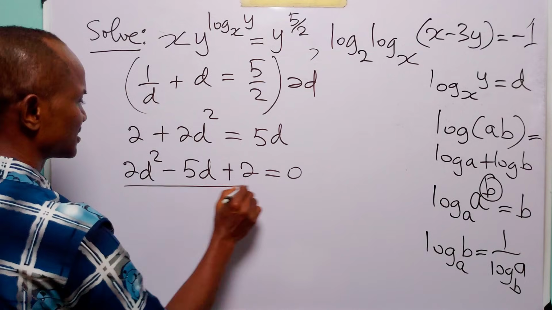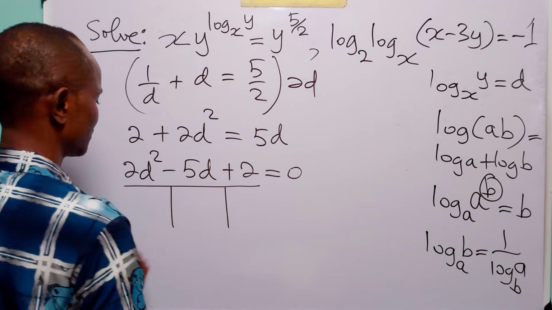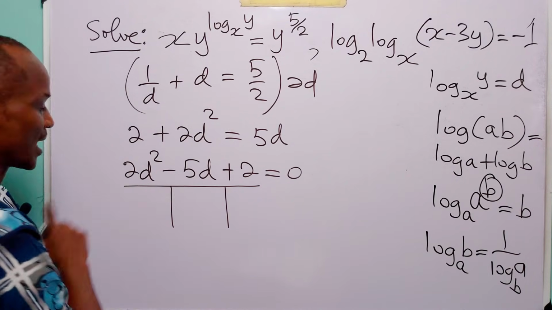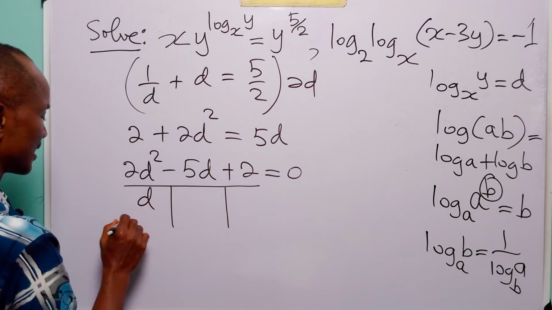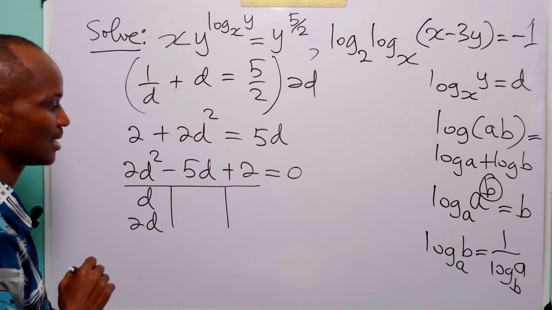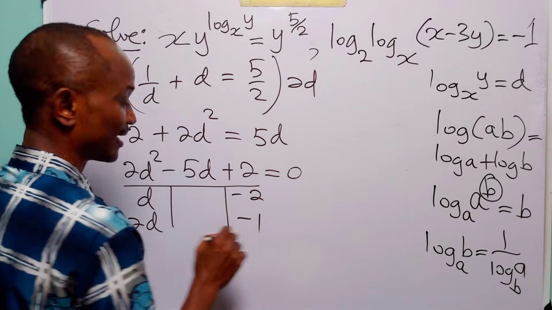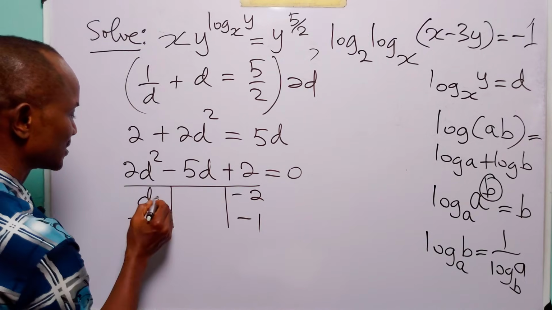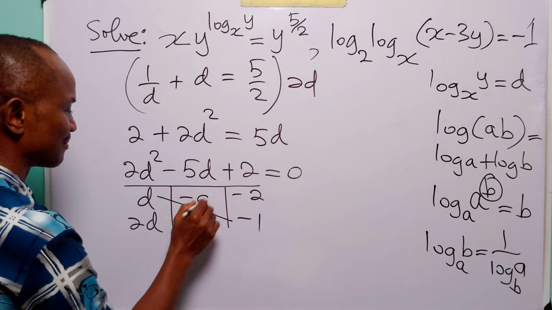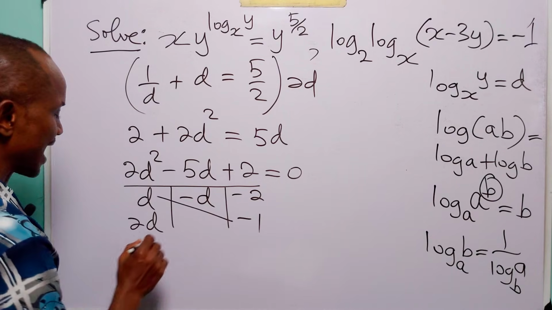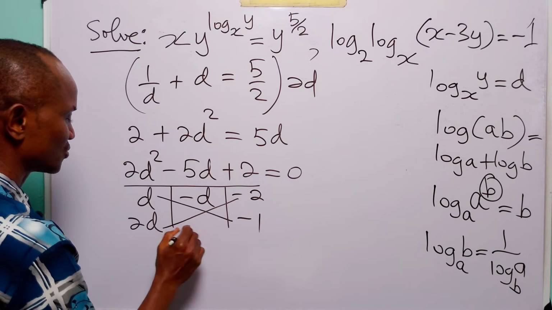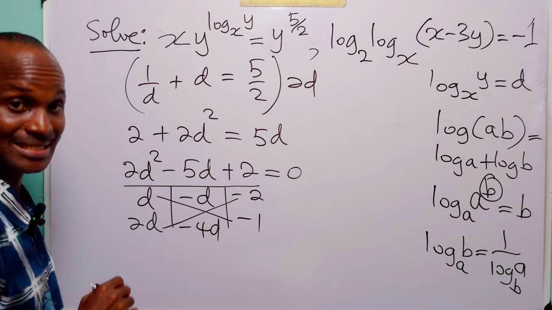And we can factorize this quadratic equation. The factors of 2d squared are d and 2d. And the factors of 2 are minus 2 and minus 1. Now, d times minus 1 is minus d. And 2d times minus 2 is minus 4d.